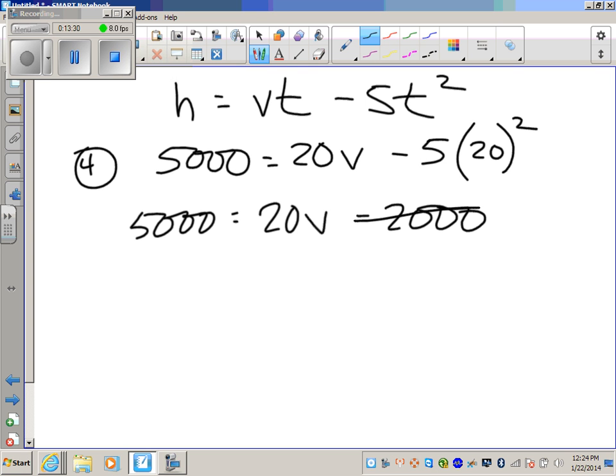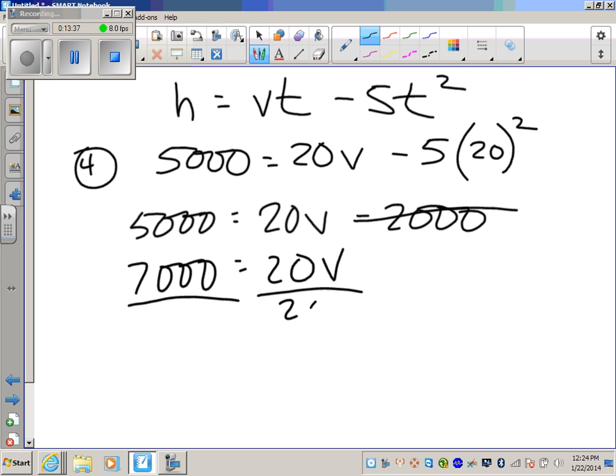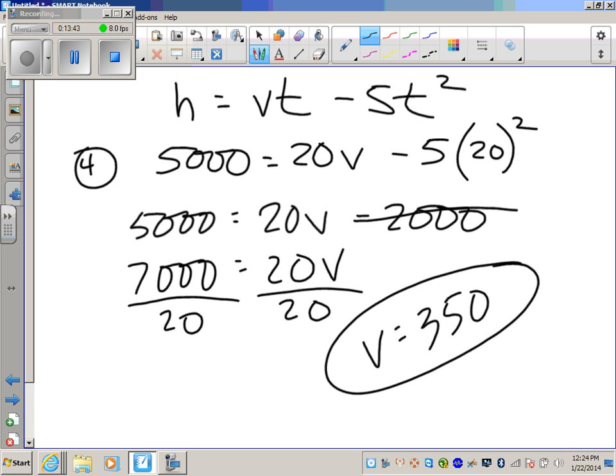Add 2,000 to both sides, which gives me 7,000 equals 20v. Divide both by 20. V equals 350. Because here we had negative 2,000. To get rid of it, we had to add it to both sides. So it's a negative. The opposite.